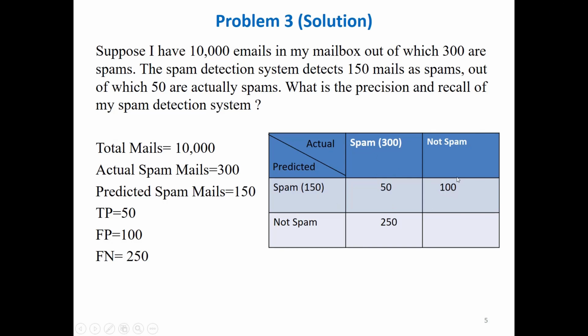Of the 10,000 emails, 300 are actually spam. So the not spam mails predicted will be 250. So this 250 will be the false negative value.